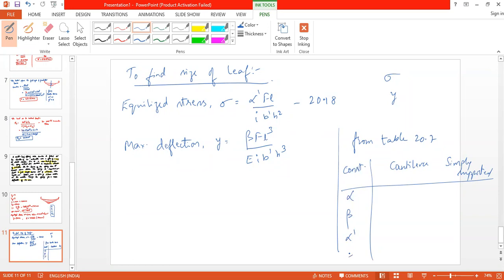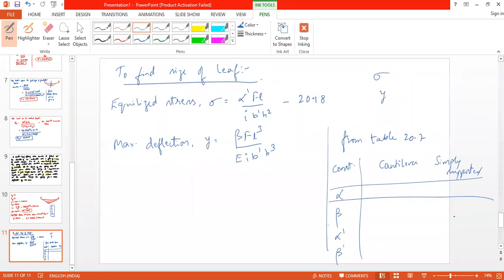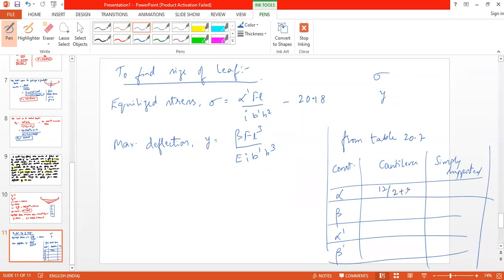Alpha, beta, alpha dash, beta dash. For cantilever, alpha is 12 by 2 plus r, beta is again 12 by 2 plus r, alpha dash is 6 and beta dash is 2. And for simply supported, it is 3 by 2 plus r, 3 by 4 times 2 plus r, 1.5 and 1 by 8. This is table 20.7.